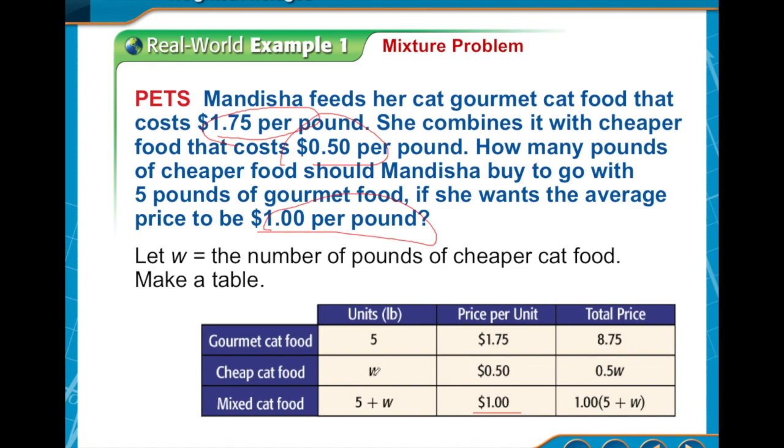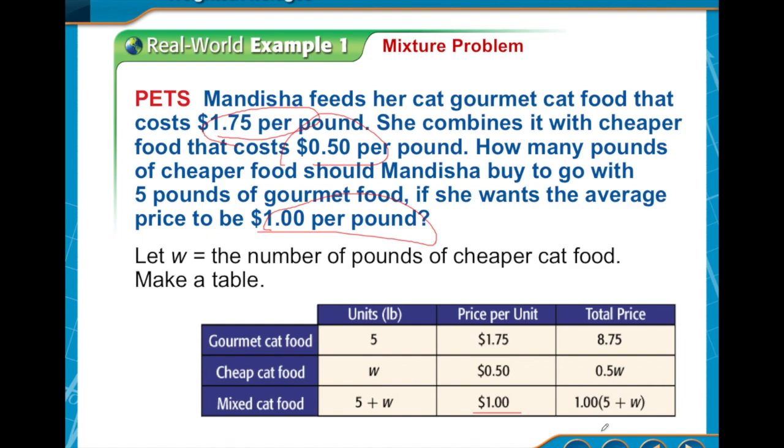So we're going to multiply some variable times 50 cents, and that's going to be the total price for the cheap cat food. Finally, for the mixed cat food, the total price, again, is going to be an expression. So it's just the price per pound, $1, times however much we buy. In this case, it's 5 plus W. So all of that goes in parentheses, and we multiply times $1. So these are the total prices that we'll see based on those things.